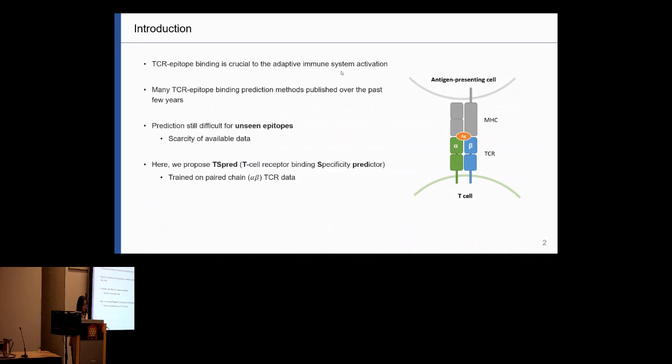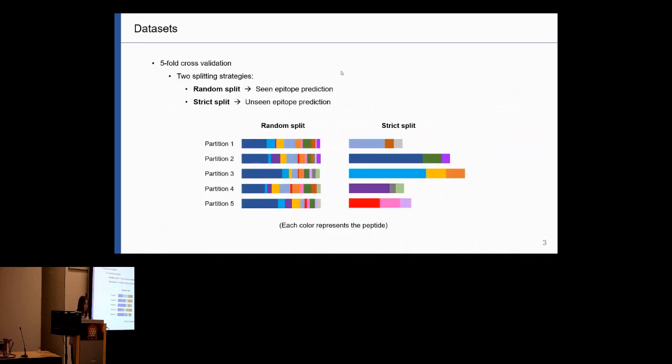Here we propose a model called TSpred, short for T-cell receptor binding specificity predictor, which is trained on paired chain TCR data. The datasets we use in this study are five-fold cross-validation datasets, and we use two different splitting strategies to divide the dataset into 5 partitions.